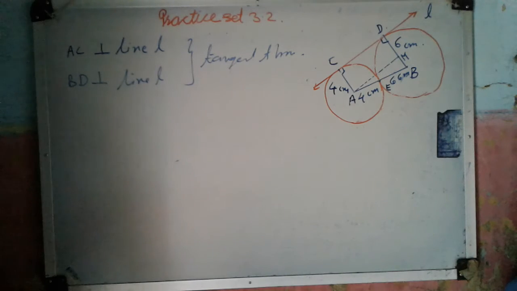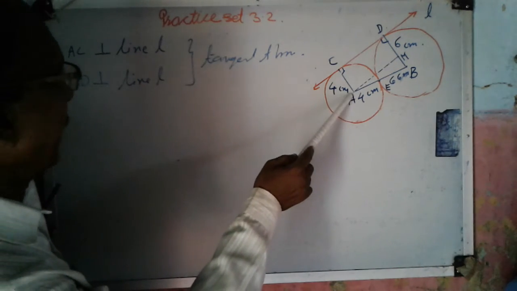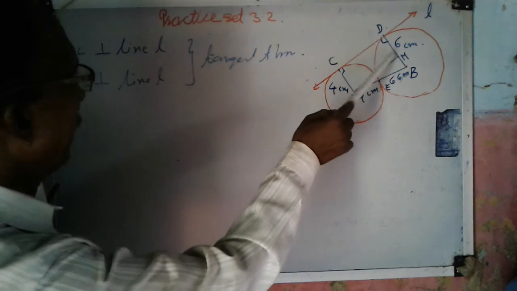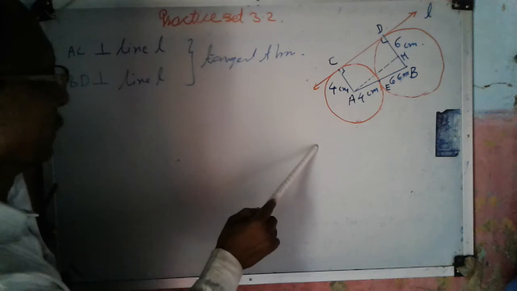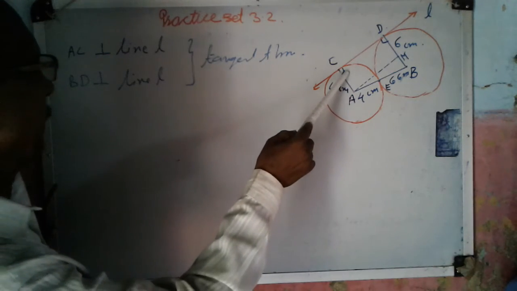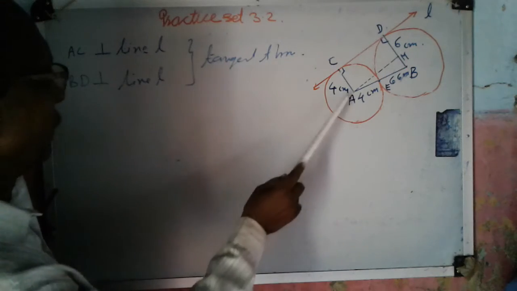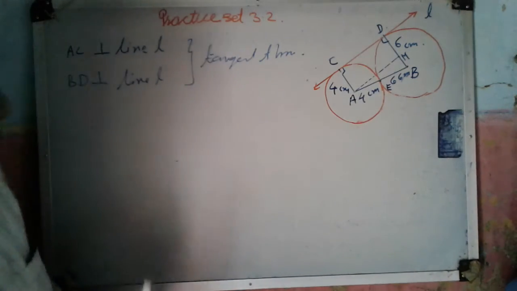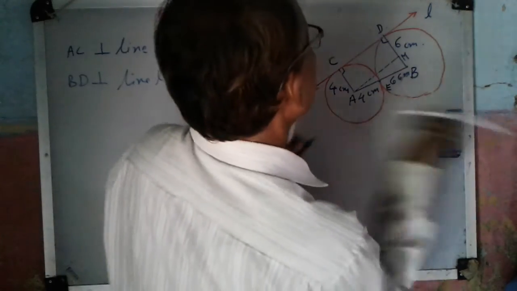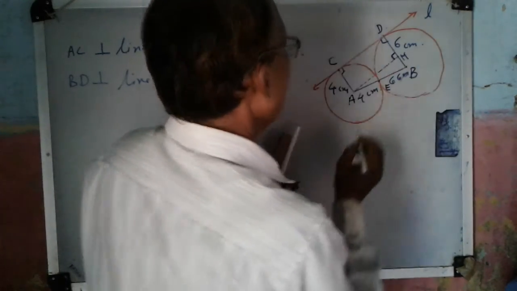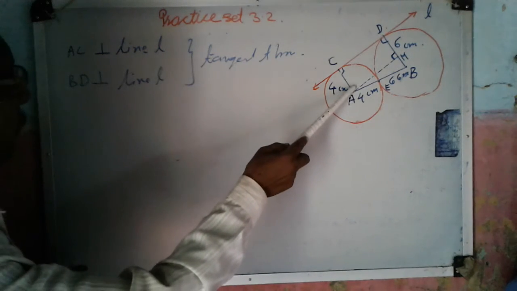Now see here, in quadrilateral AMDC, angle C is a right angle, angle D is a right angle. Angle M is also a right angle because we have drawn a perpendicular. So obviously the remaining fourth angle must be a right angle.